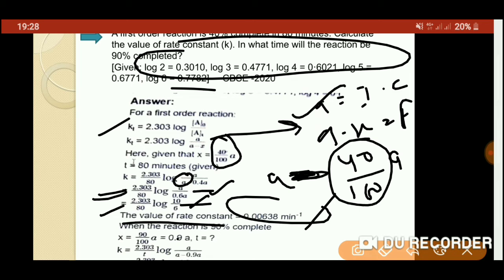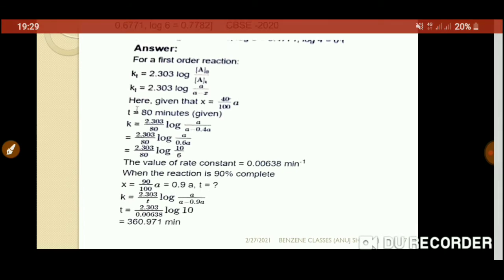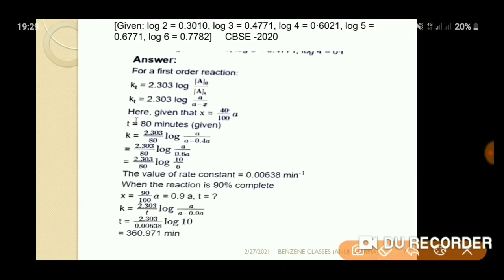Now when the reaction is 90% complete, what happens? The question is asking in what time the reaction will be 90% completed. So the value of x here will be 0.9 a. Since it asks for time, the formula k equal to this is applied again.